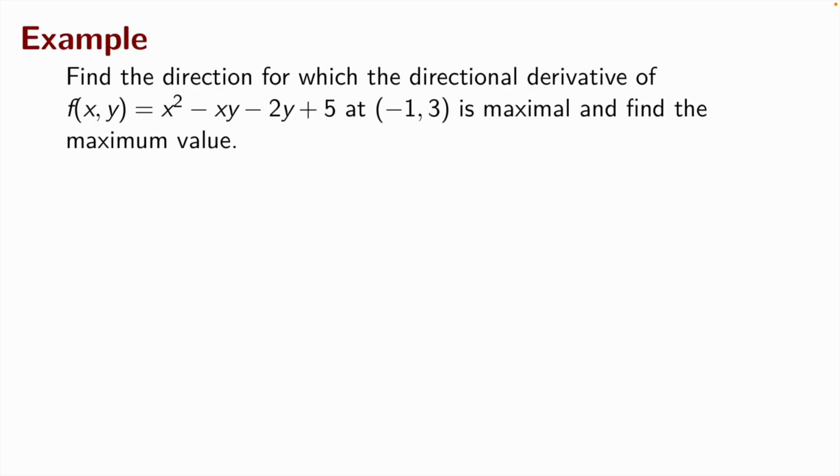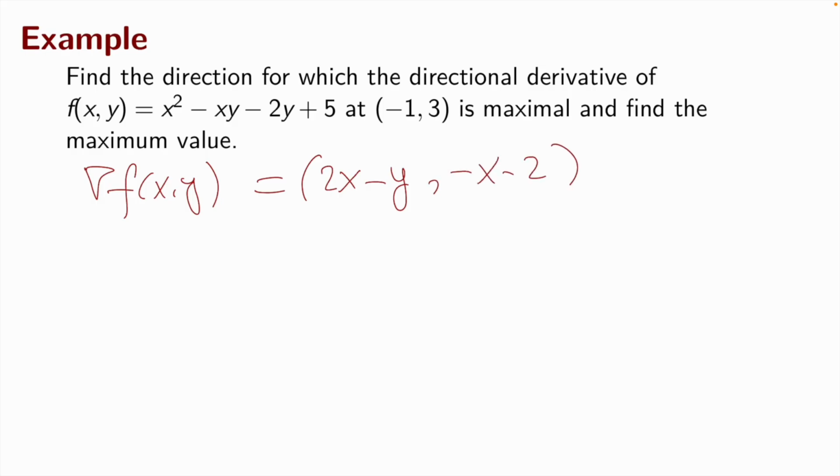So let's do that. This was the same function that we had before, so we can calculate the derivatives. We already have them. So we have already that the gradient of this function at a point (x, y) was (2x - y, -x - 2).